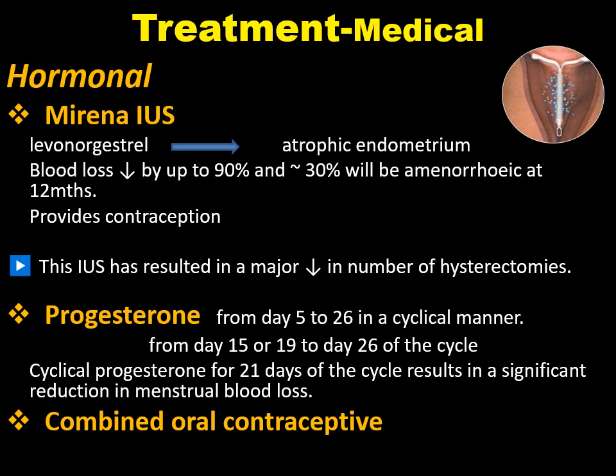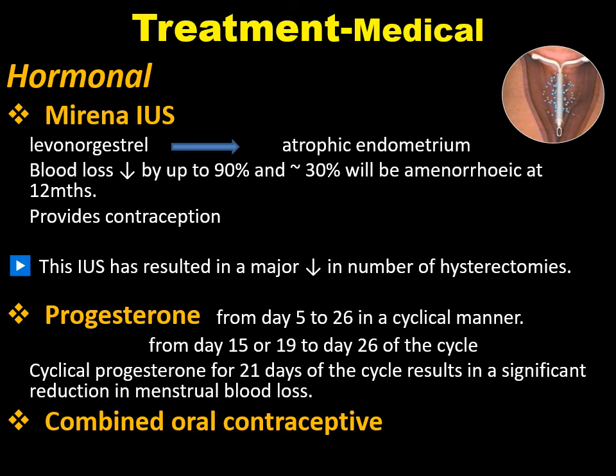Progesterone can be used in a cyclical pattern from day 5 to 26, or from day 19 to day 26, depending on the abnormal bleeding. Is it heavy bleeding that requires 5 to 26 cyclical progestogen supplementation, or is it premenstrual spotting?